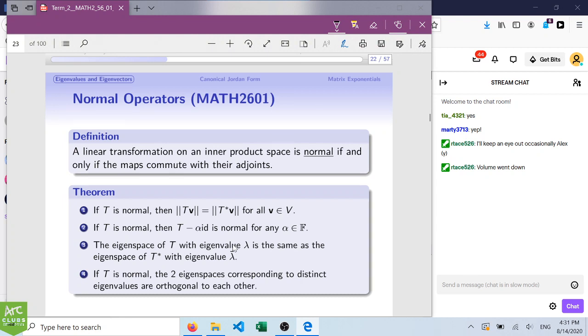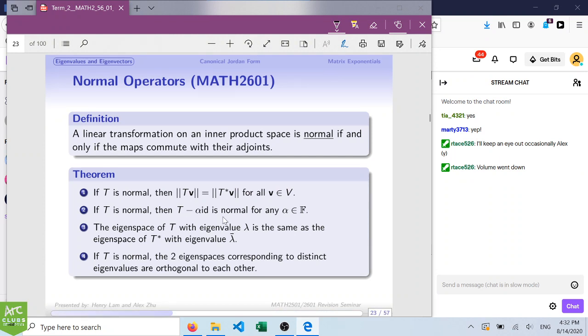So if you can swap the adjoint across the inner product, then we call that a normal operator. By the way, this is MATH2601, which is in higher, not in lower, so don't worry too much if you're doing 2.5.